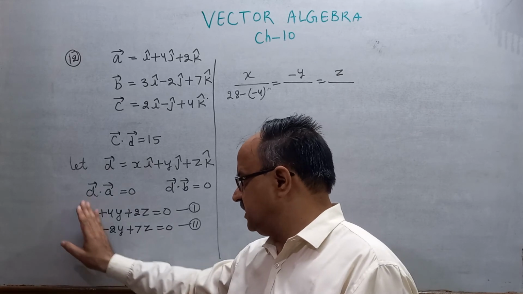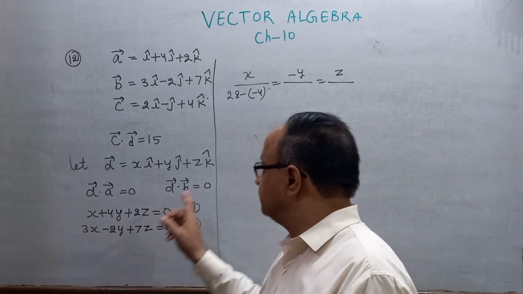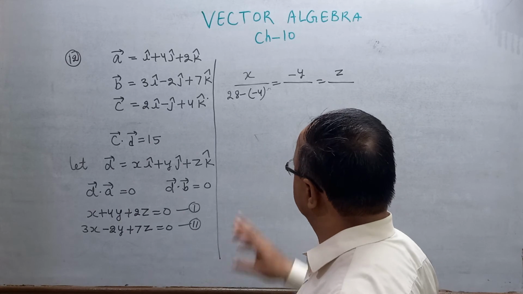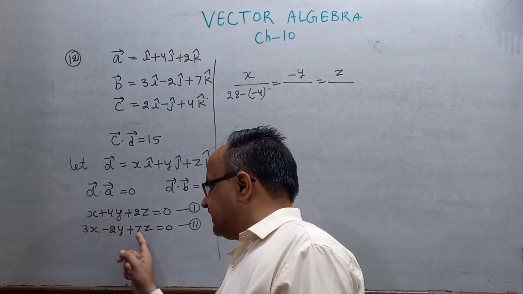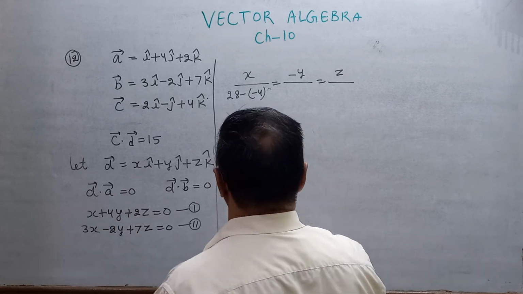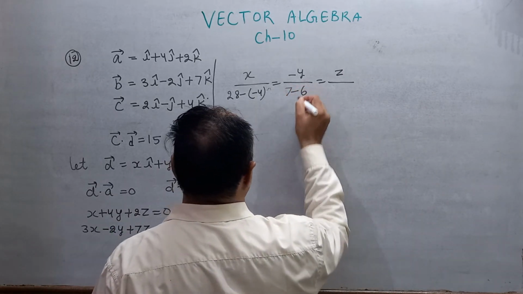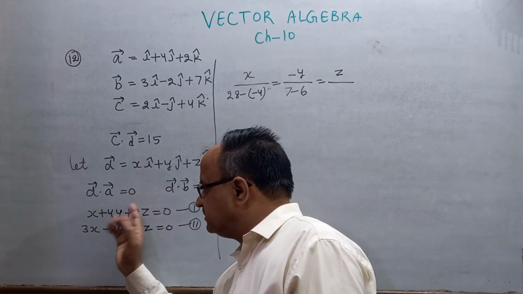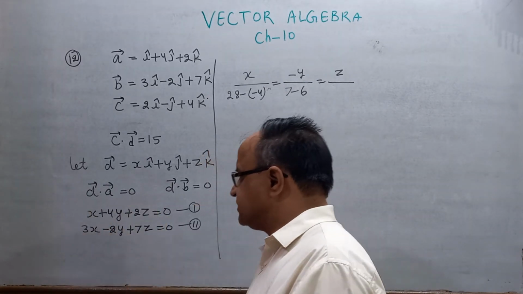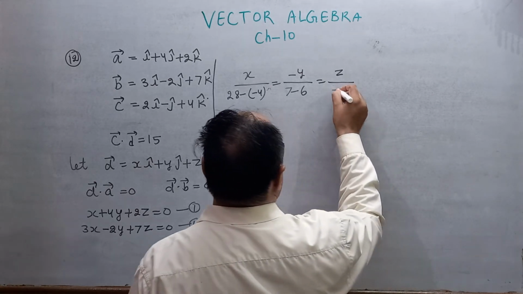Quantity of x will cancel. 28 plus 4, 32. Now quantity of y we eliminated: 7 minus 6. Now quantity of z eliminated: minus 2 minus 12, minus 14.